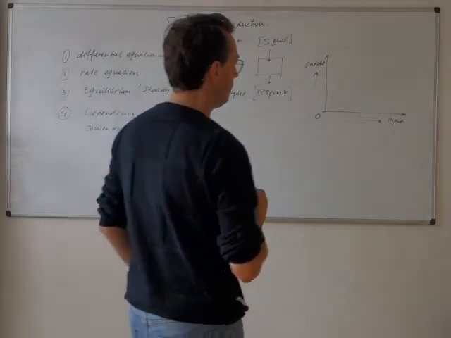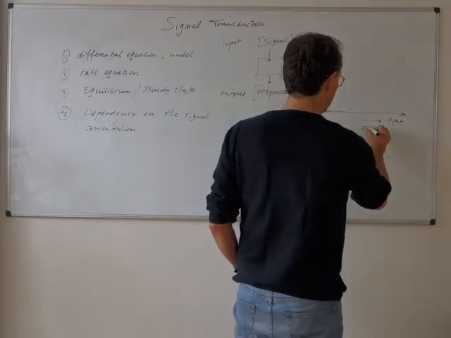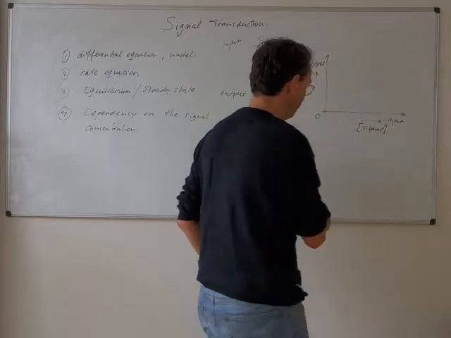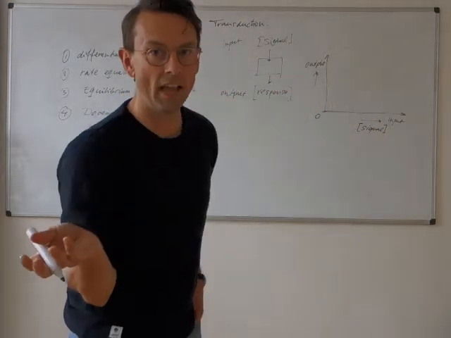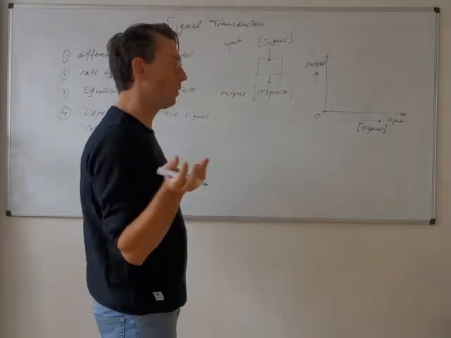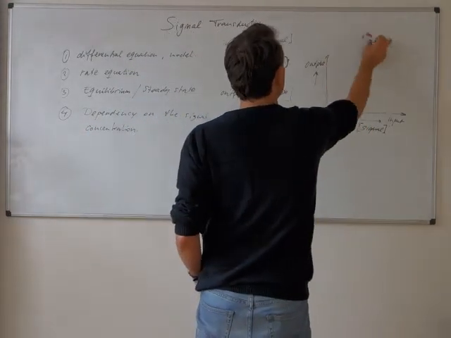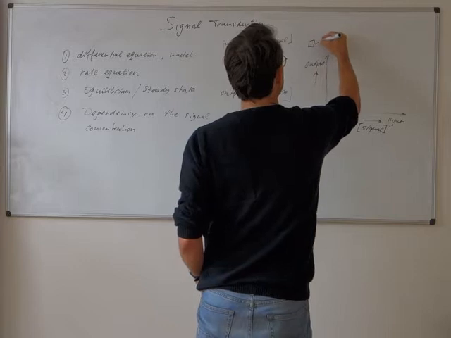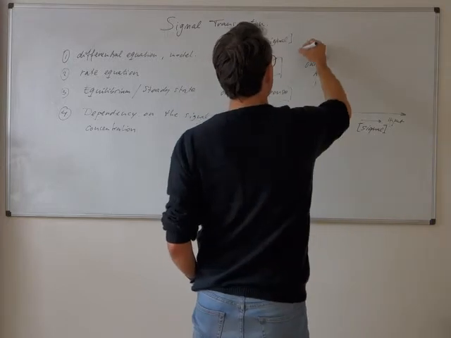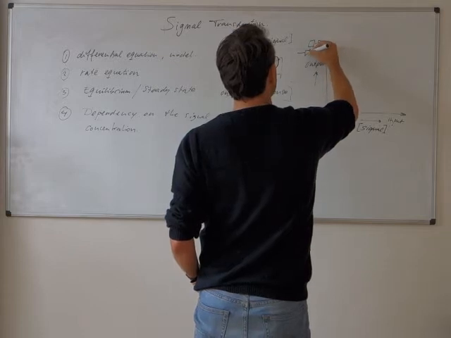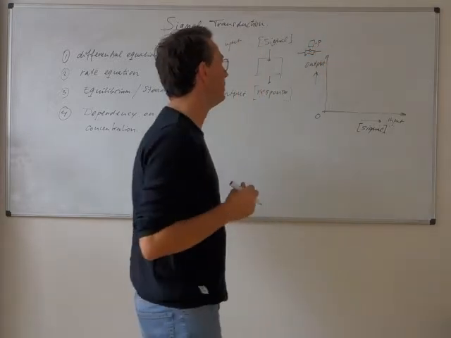Right, so for instance, the input is the signal concentration. That is the molecule that, say, activates the kinase, or that binds to the membrane receptor. And there's this output, and that is, say, the concentration of the phosphorylated protein, or the concentration of the receptor that has changed in conformation.